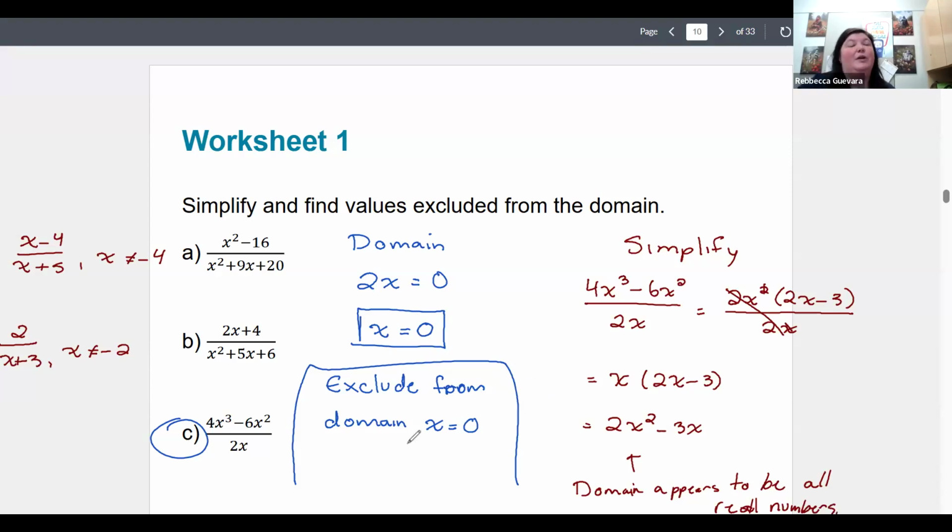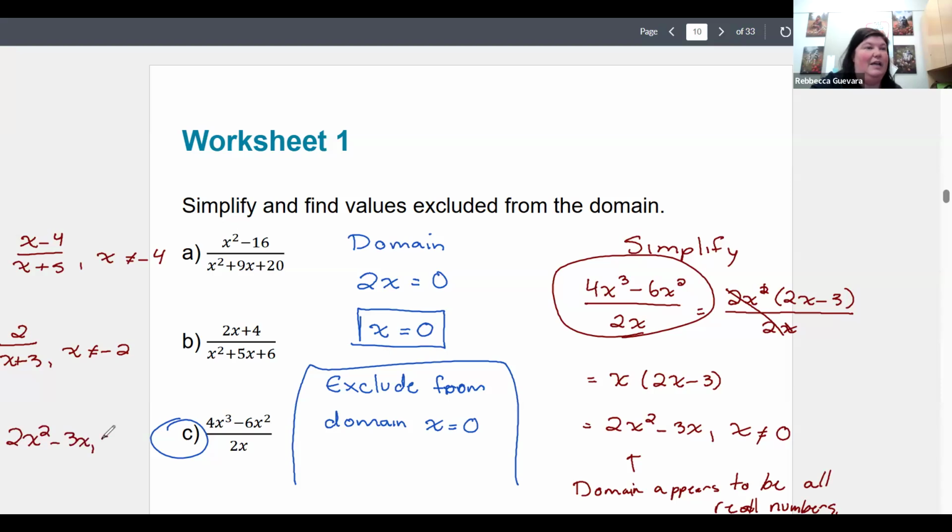So what we need to do is that we know 0 didn't work here. We have to make sure that 0 is not going to be included here. So this would be 2x squared minus 3x, and x cannot be 0. So now we have that both rational expressions will be equal.